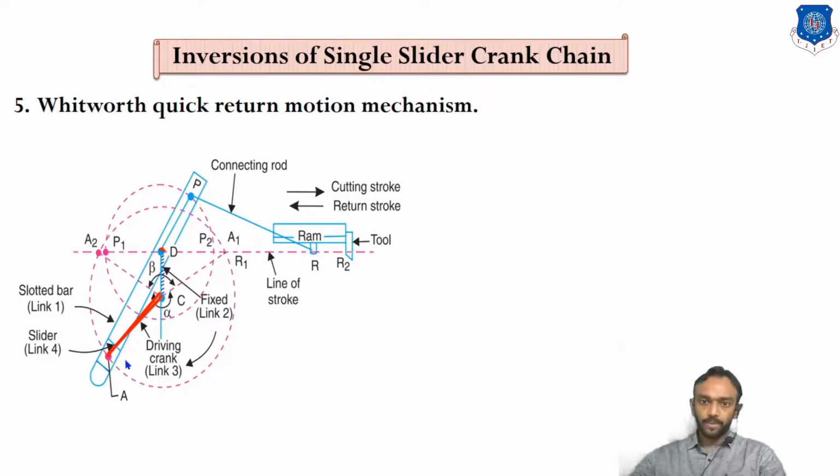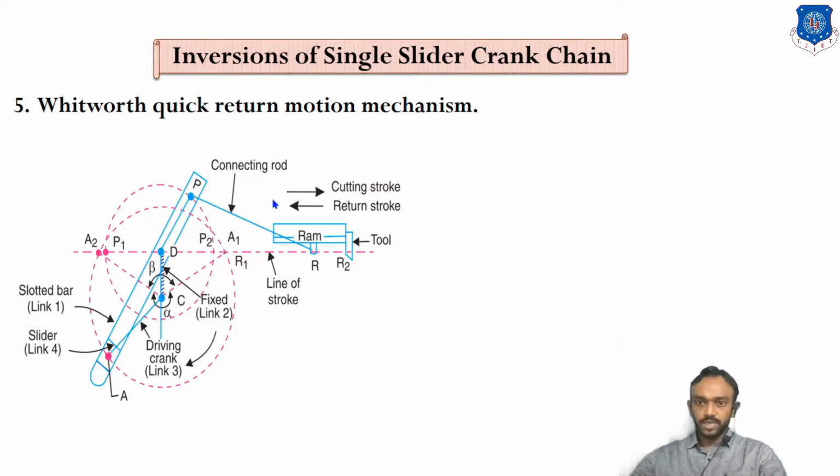So when this crank is rotating, it will push this slotted bar. Okay, and this P point is connected to the ram, and that's how this whole slotted bar will rotate with respect to this D point, and P point will rotate here.